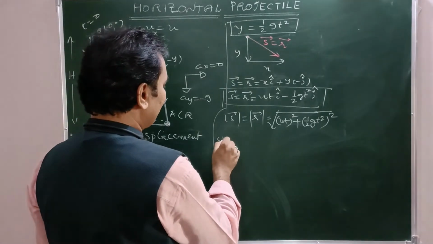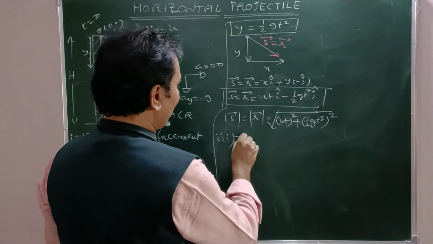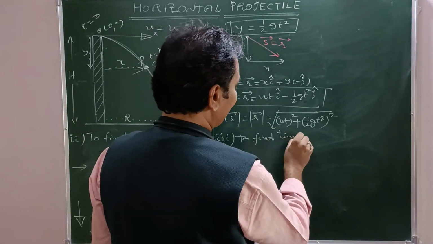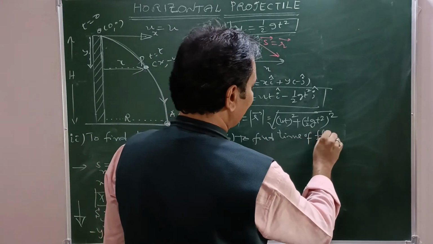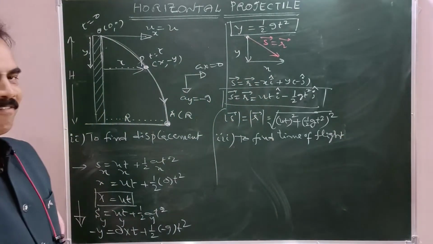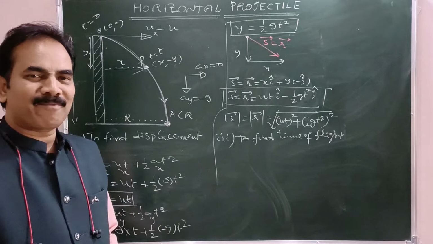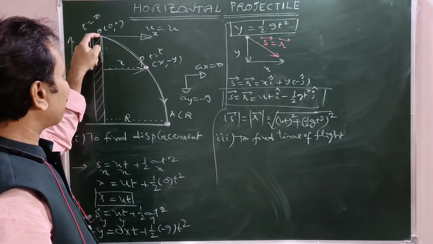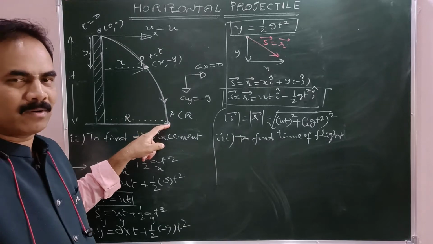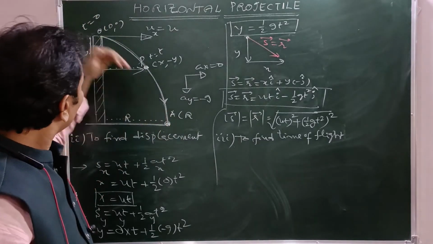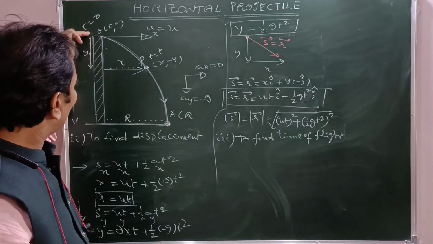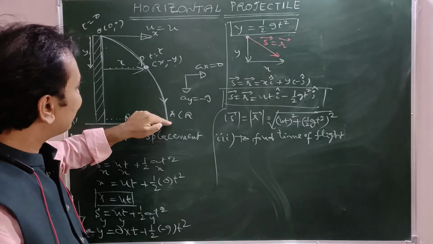Now number 3, to find time of flight. How to find time of flight? What is time of flight? The total time for which the body remains in air. See, here it is the point of projection. It is the point at which it lands on the ground. So this is the entire flight, the total time taken by the projectile to reach from O up to point E on the ground.